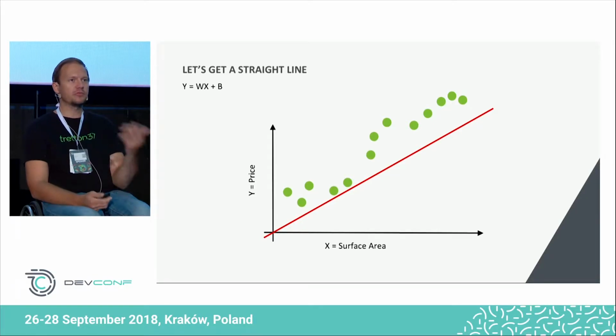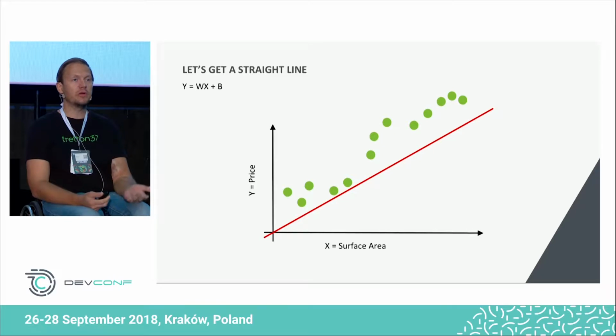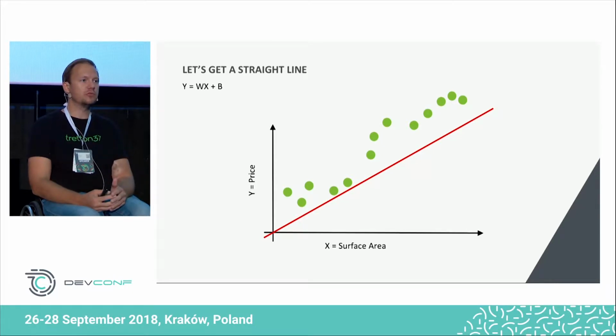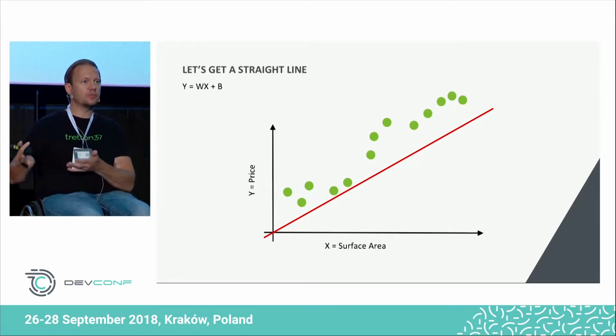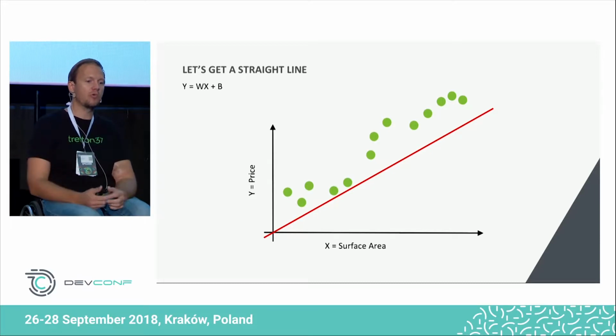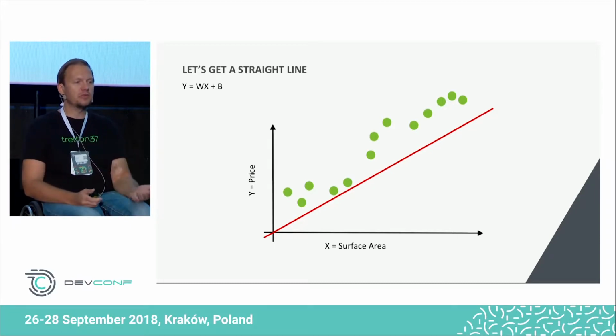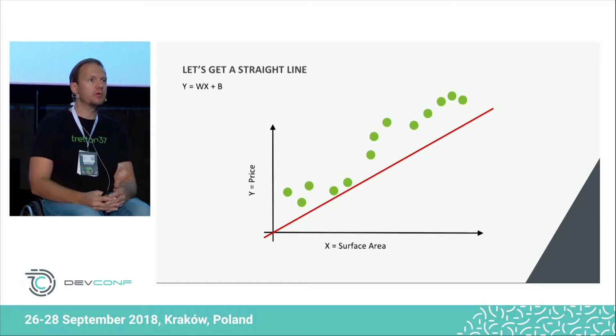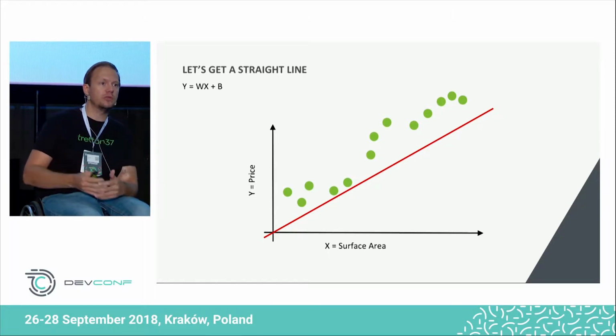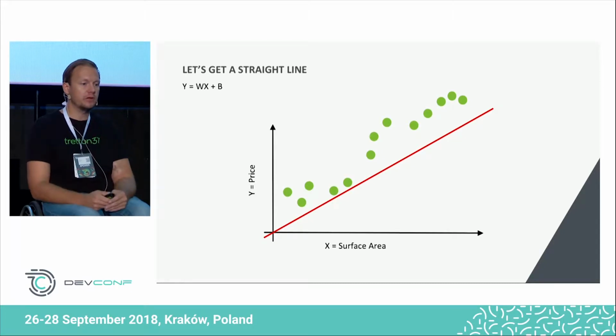In school, it was Y equals A times X plus B, but in ML they tend to use W, because W stands for weights, so how important the feature is, and B stands for bias, so this is some undescribed portion of information that you add to give a better shape to the data.